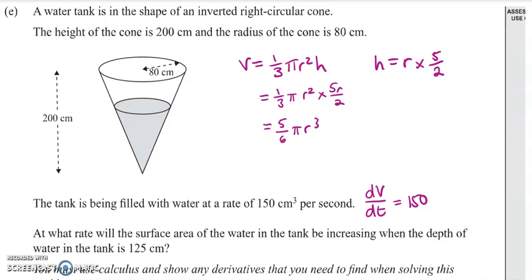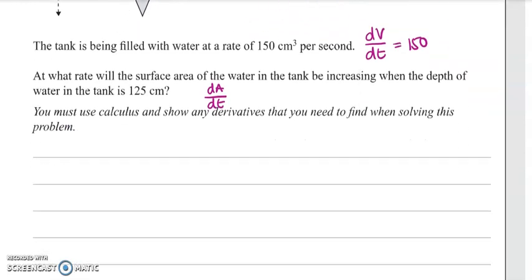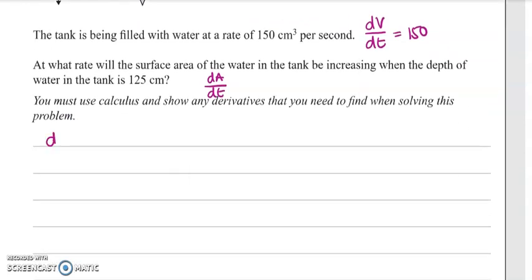Okay, now the other rate involved in this question is here, so it's the rate of the surface area. So the rate that the area changes according to time, that's what we're looking for. So we're going to need to use some chain rule on this. Now what we want to work out is dA by dt, so let's start there. Now what we know is dV by dt.